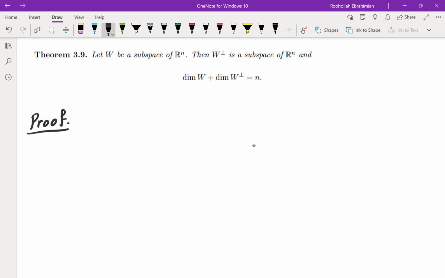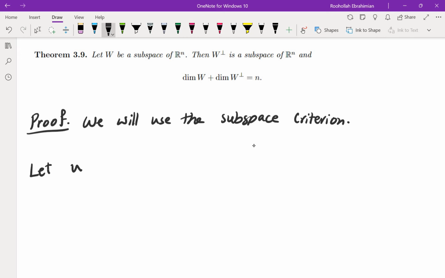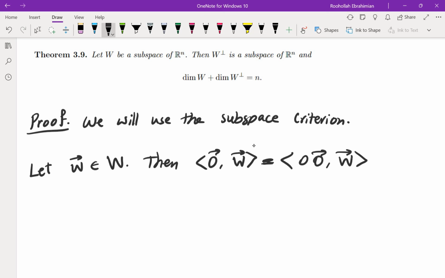First, we want to show that W perp is a subspace, so we will have to use the subspace criterion. First I'm going to have to show that 0 is in W perp. So let w be a vector in W. Then the inner product of 0 with w is equal to, I can write down 0 as 0 times 0, and then I can use linearity and take it out.